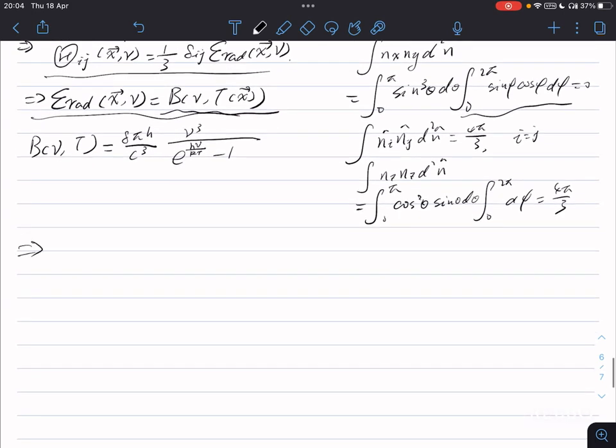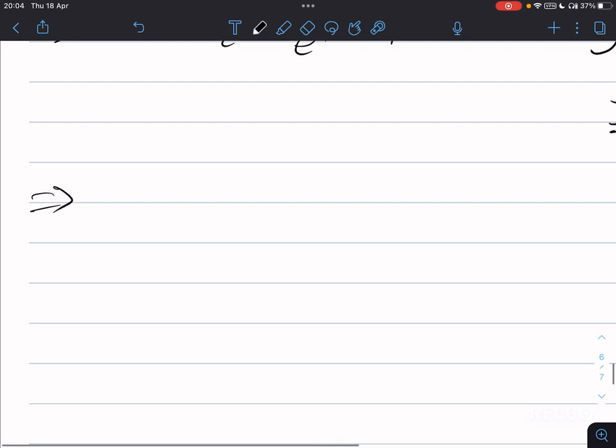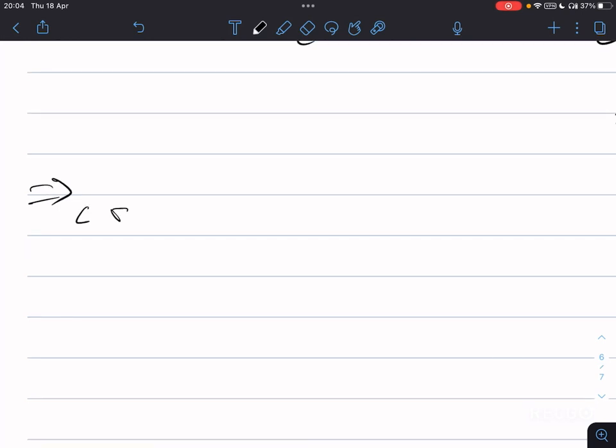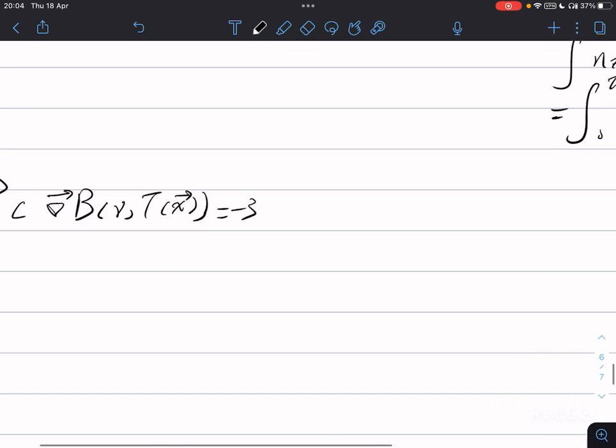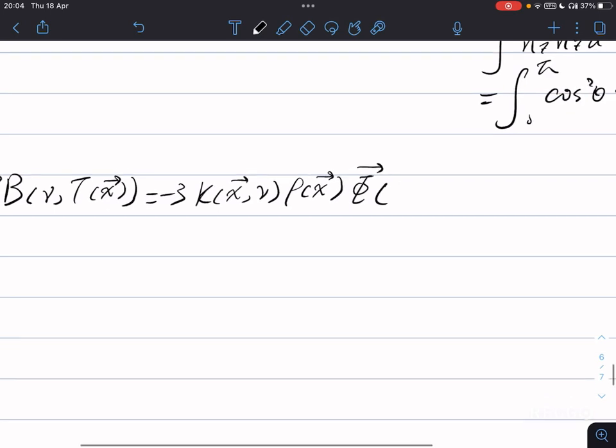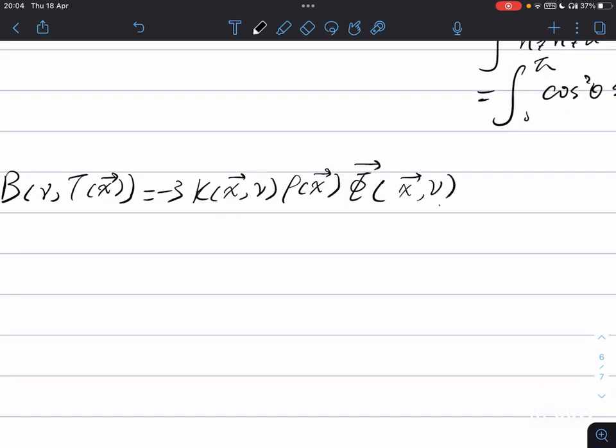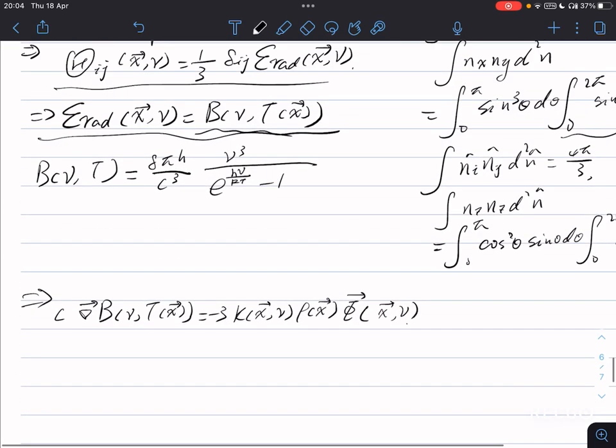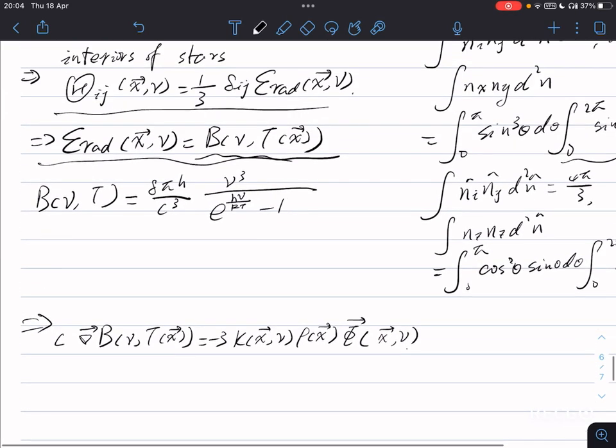We can obtain another significant equation: c times the gradient of B_nu(T) equals minus 3 chi x nu rho x psi x nu.